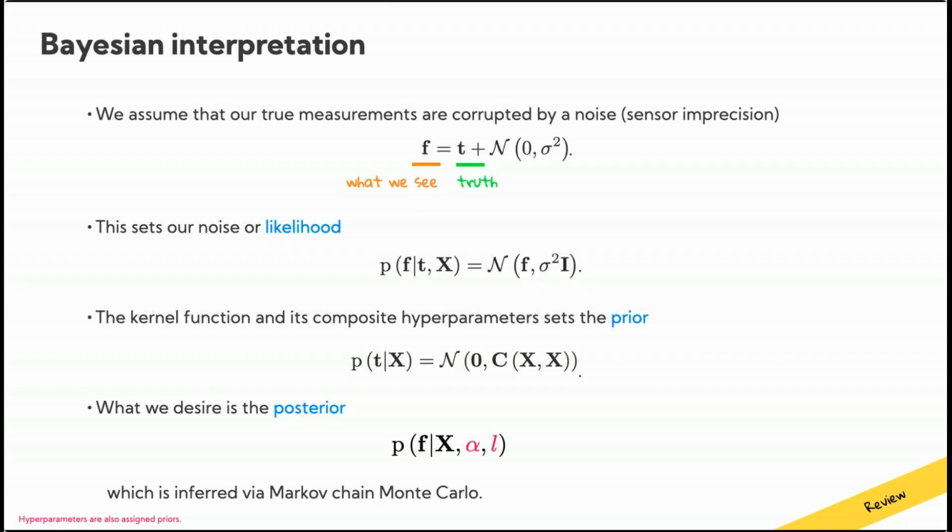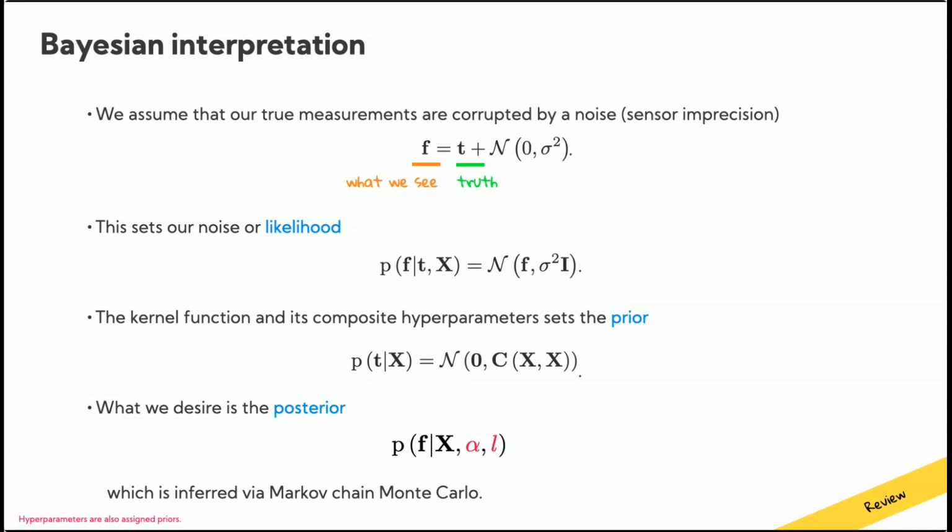The Bayesian interpretation of all of this is the following. At the end of the day, you see f, which is what we actually measure, but the truth isn't exactly what we measure, because for a variety of reasons, your measurements are corrupted by some sort of noise. And so the truth is what we don't know.